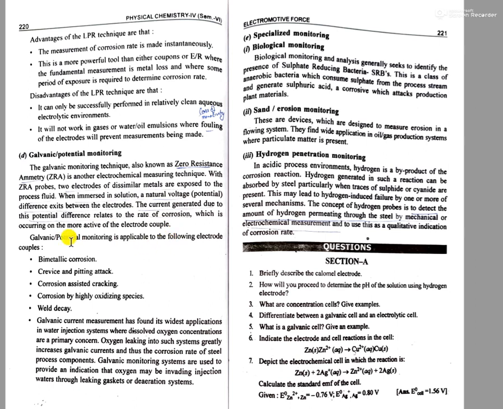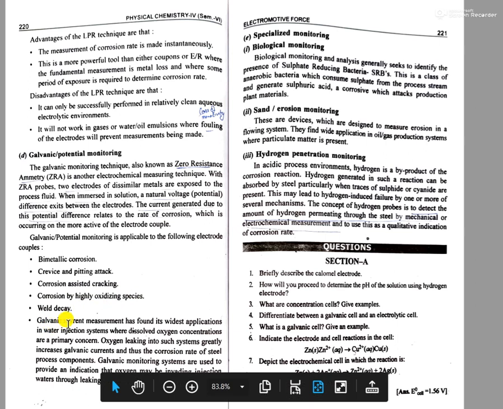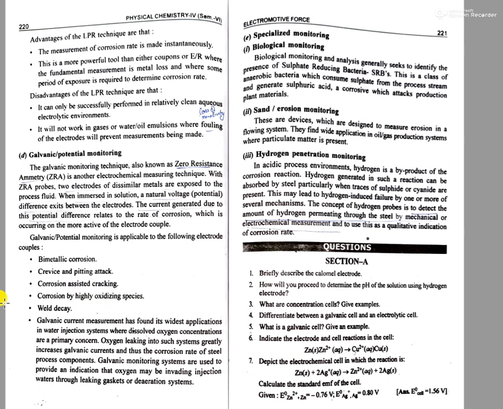So the galvanic or potential monitoring is applicable to the following: bimetallic corrosion, crevice or pitting attacks, corrosion assisted cracking, corrosion by highly oxidizing species, weld decay, etc. Galvanic current measurement has found its widest application in water injection systems, where dissolved oxygen concentration is a primary concern.